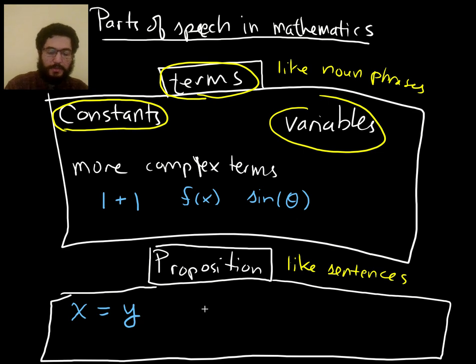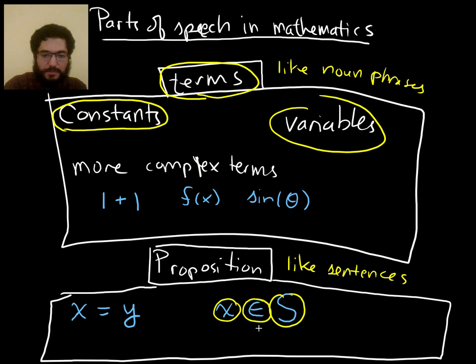So here's another sort of proposition that we're going to be focusing on a lot later on in the course. If you take a term and another term, and you stick one of these symbols in between, so this symbol doesn't mean anything by itself, but if you stick it in between two terms, then overall you get a proposition.